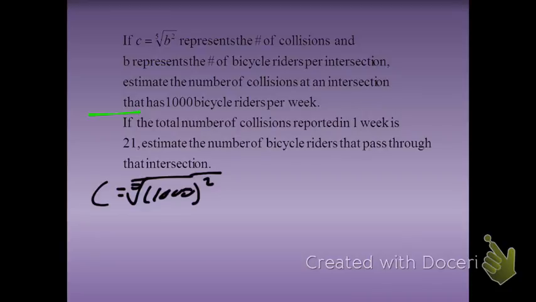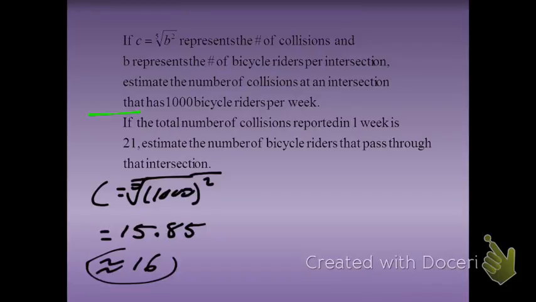I'm not going to bounce back and forth between the drawing and the calculator, so I trust that you can figure that out. If you can't, let me know. So 15.85 is what you would get in the calculator. And since we're talking about bicycle collisions, you can't have 0.85 of a collision, so we're going to round that up to about 16.